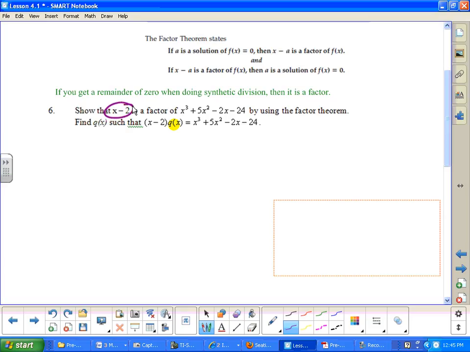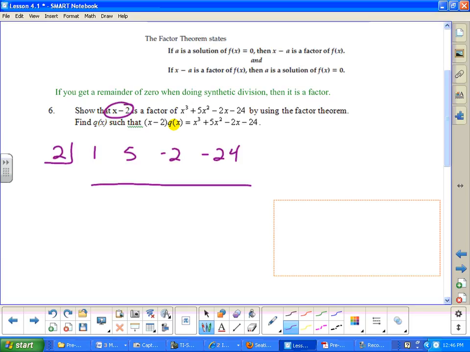So here's my divisor. So I'm going to use 2 in my synthetic division. So we have 1, 5, -2, and -24. All right.